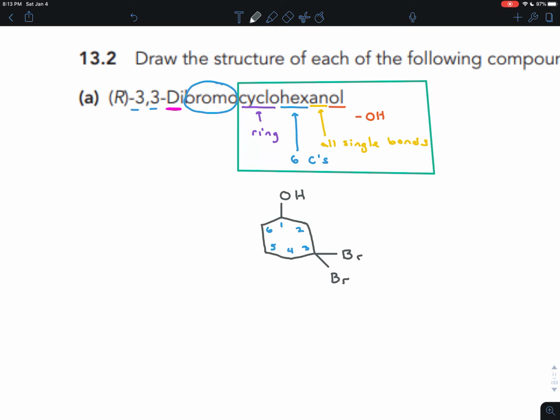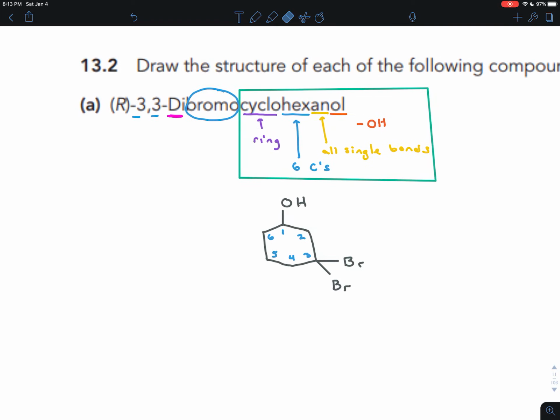Bromine and bromine. Now that would be the whole thing, except we have this R in front, and that means that we have a right-handed chiral center. But notice that because there's only one chiral center there, they don't give us a number to say where the chiral center is. So we have to figure it out.